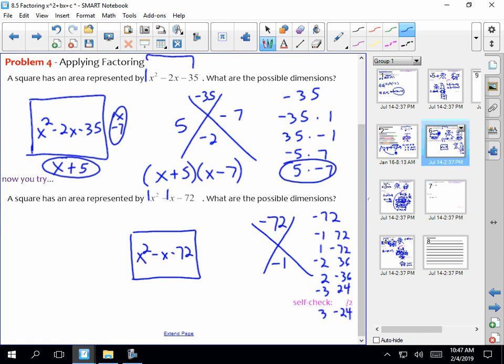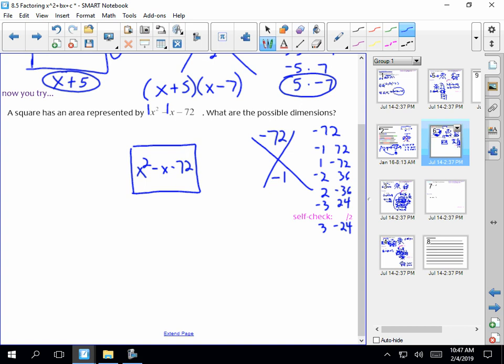As we see here, there are a lot of possibilities. Somebody might have started in the middle first. It would have worked out a little better.